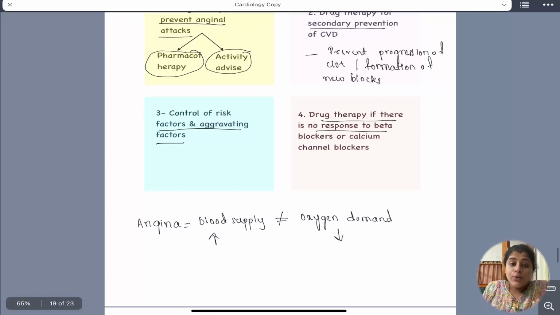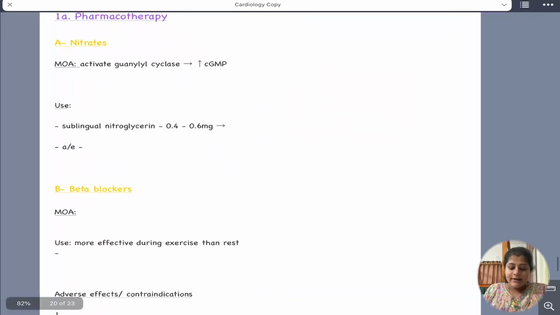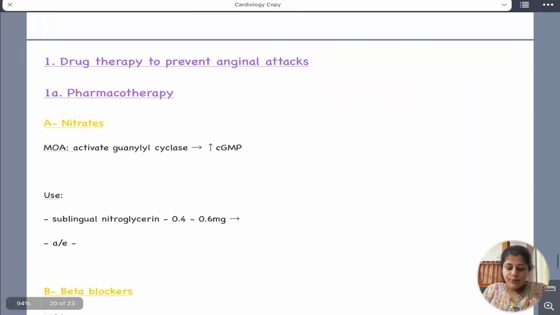If there is no response with these, then you will go for what? CABG or percutaneous coronary intervention. Is this clear? Now let's get started with the first one, drug therapy to prevent anginal attacks. There are three important medications here: one is nitrate, second is beta blocker, third is calcium channel blocker.